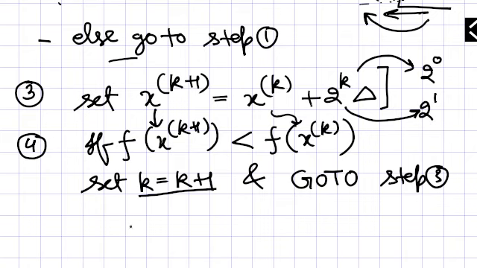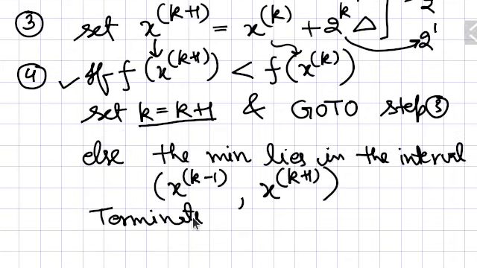Okay, now we are coming to one more condition in step 4: if it is less than, and if it is greater than, what will you do then? If it is greater than, then it will give you this result that the minimum lies in the interval between this and this, and this was your aim.